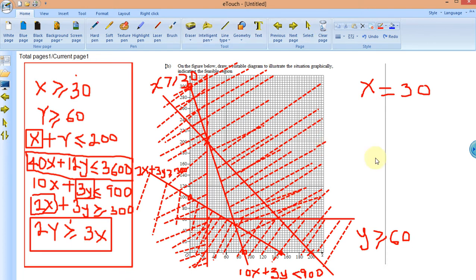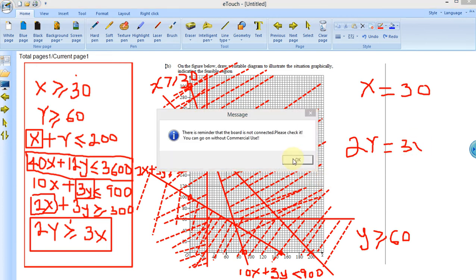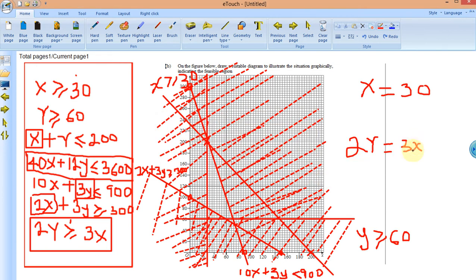So now, if 2y equals to, let me just use equals to explain. If I have 2y, because the inequality sign is just about shading below or above the line. So if I have 2y equals to 3x, and I want to write this in intercept form, I'm going to have y equals to 3 over 2x.